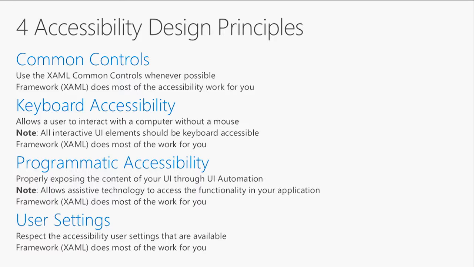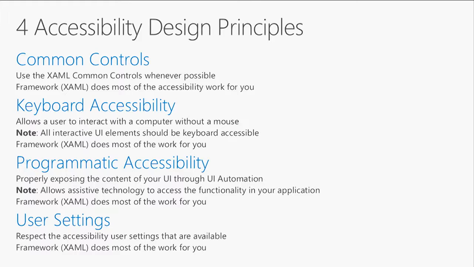And when we talk about keyboard accessibility, we generally talk about a concept called linearization. And linearization is the concept that you can navigate between one piece of your UI to the next piece of your UI in a logical or linear fashion. And I'll give you an example of that in a little bit.